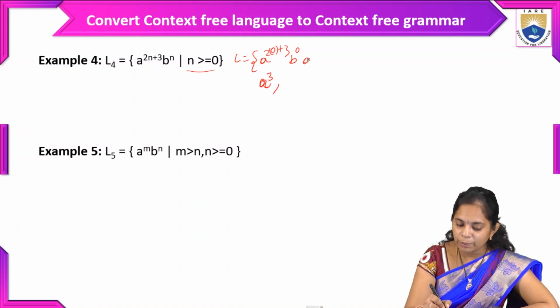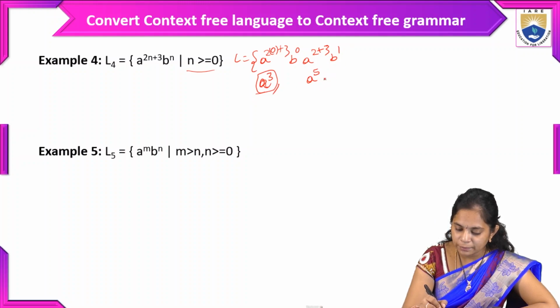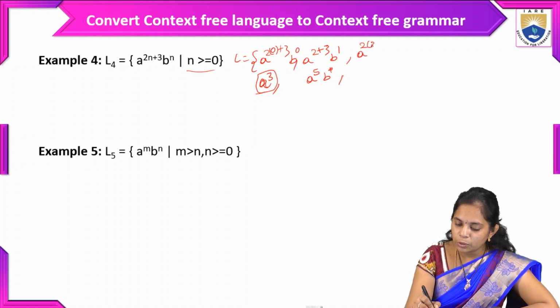Then for n is equal to 1, a power 2 plus 3, which gives 5, so the number of A's is 5 and b power 1. And one more time, a power 2 into 2 plus 3 and b power 2.